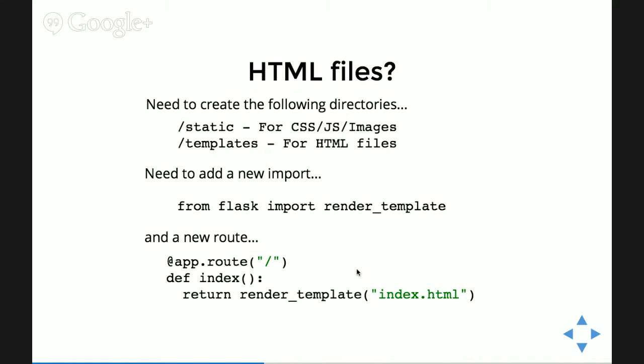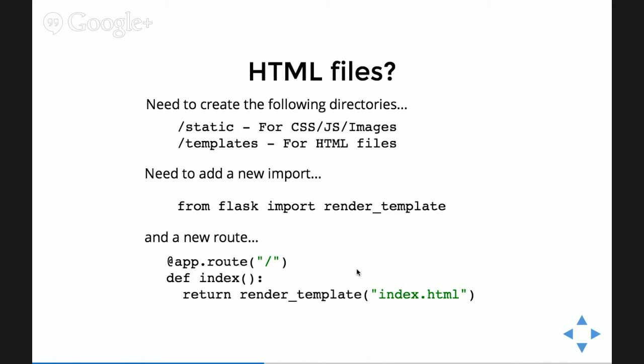By default, Flask uses the Jinja platform, I haven't figured out how to pronounce it, to render its HTML, and it by default looks into the templates folder. So you have to name them static and templates.